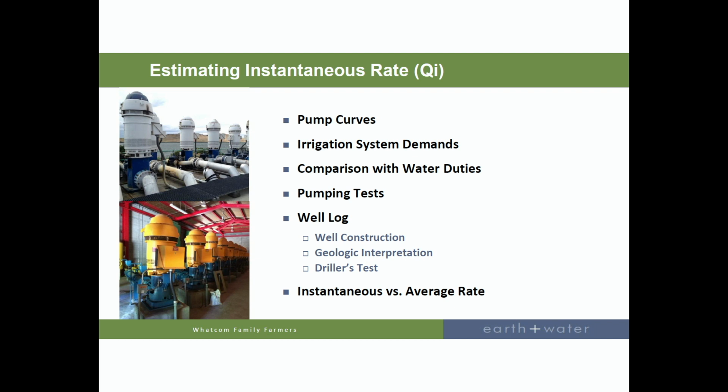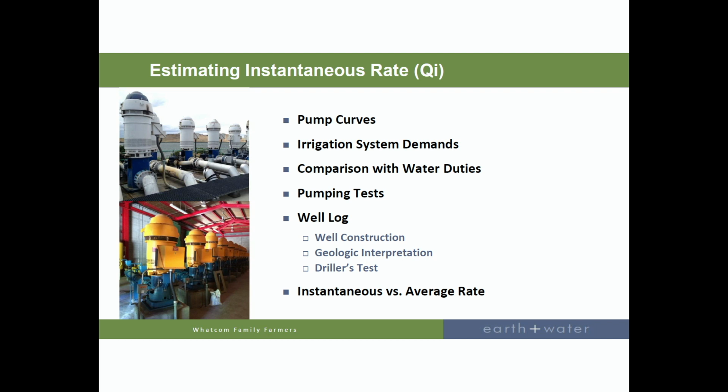Pumping test is obvious. You could take a look at when the well was drilled. Was there a pump test that was done? It may be on the well log, telling you what the well put out. Also, once you figure out that annual quantity, back to field corn, when you were irrigating it, you can divide and get a handle on how many gallons a minute that would have to put out to produce that annual quantity in that time frame.